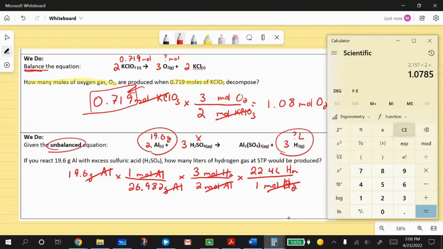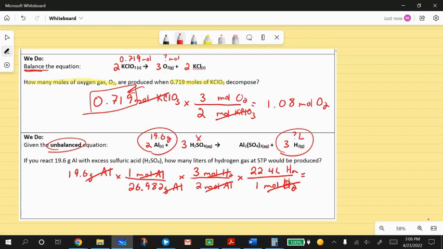So let's go ahead and take our 19.6 times 3 times 22.4, and then we're going to divide that by 2, and then we also have to divide it by 26.982. We get a lot of decimals there, but we only need 3 significant digits, so 24.4. And that's going to be liters of H2. That's it.